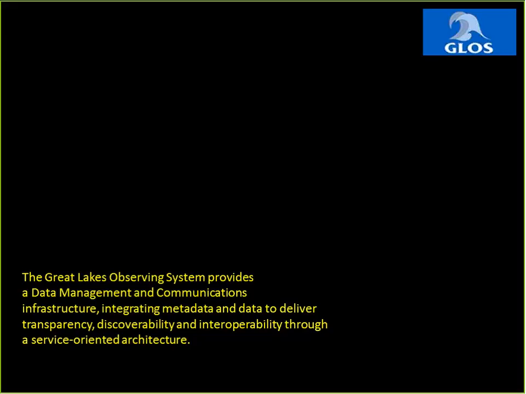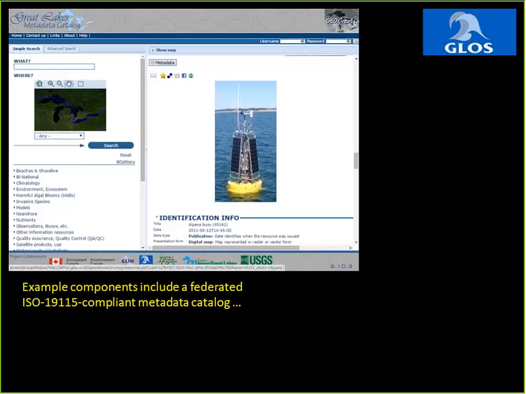And so I have a few screenshots of what the portal looks like online. So here's a metadata catalog, basically a place that you can get in and click on a type of data that you want to see and start finding it on a map.